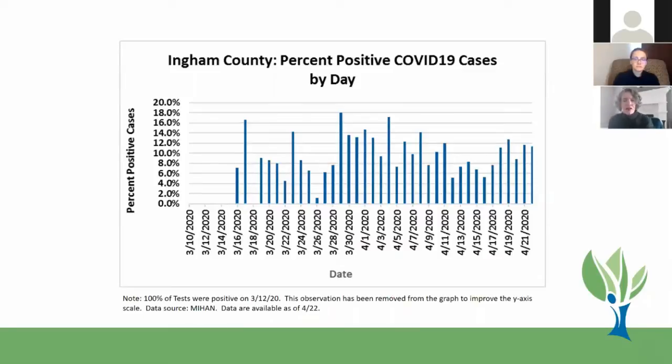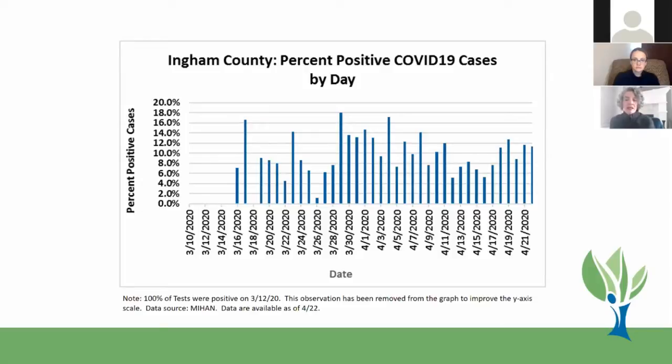Important as cases go up is for us to also look at what our percent of positive cases by day is, as a total of the number of tests that were done that day. So if we have increased testing, it would also make sense that we might have an increased number of cases detected.